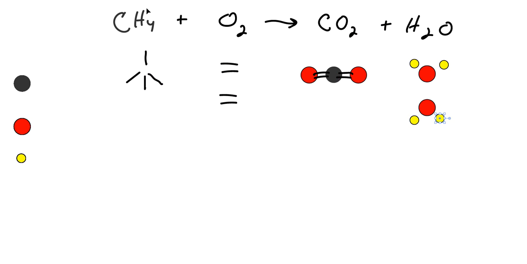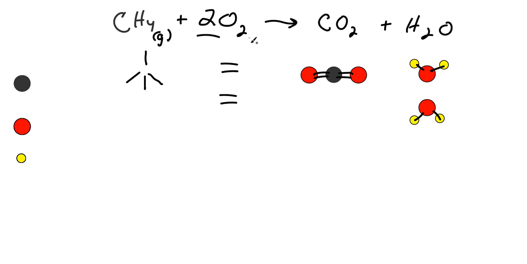Each hydrogen will be single bonded to the oxygen. So what really happened is we needed 2 oxygens to complete this, to balance this equation so it works out correctly.